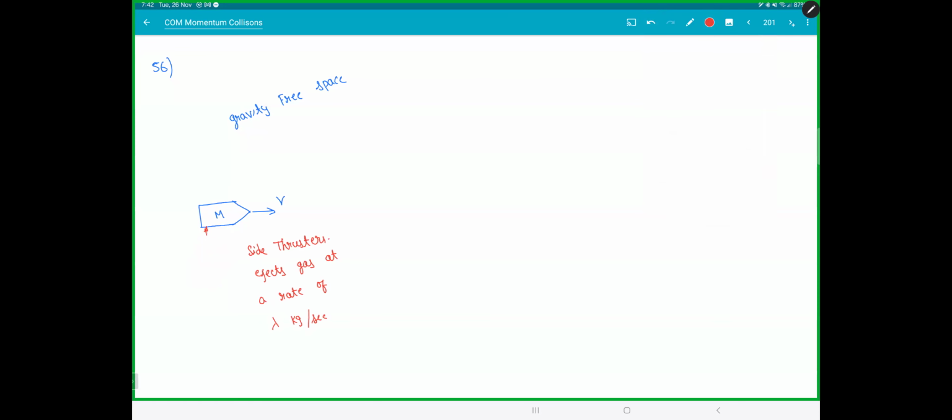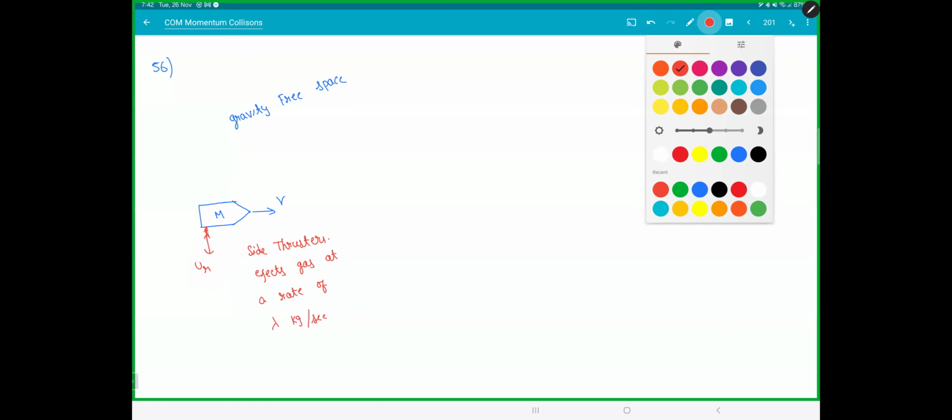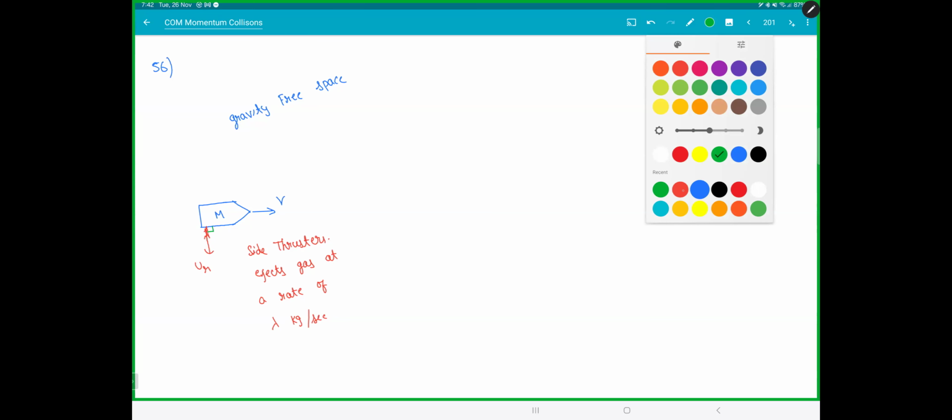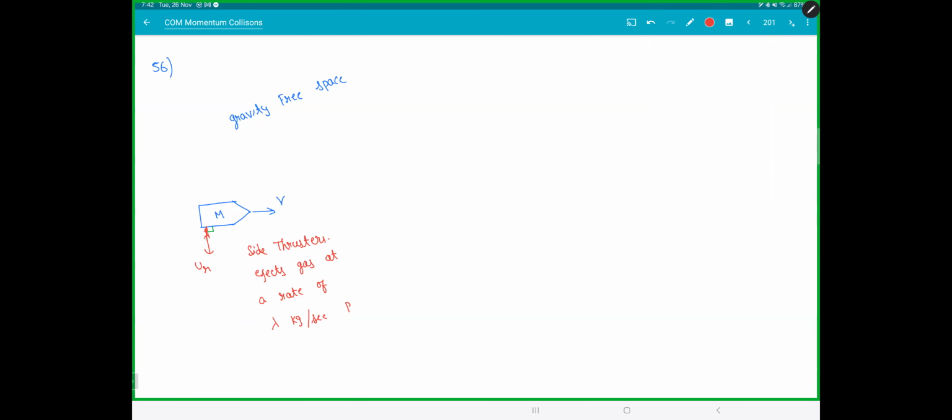So this gas which is coming out, U relative, is perpendicular to the rocket. We will assume the rocket is not rotating. Generally, we have two side thrusters to make sure it is not rotating, but we'll ignore that. Perpendicular to the rocket.